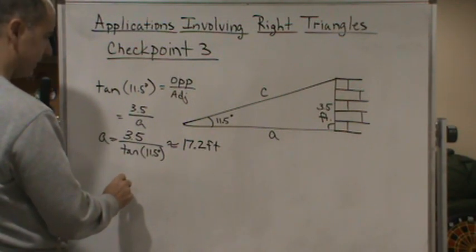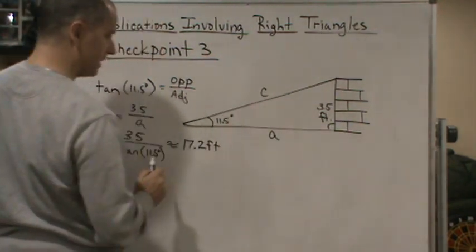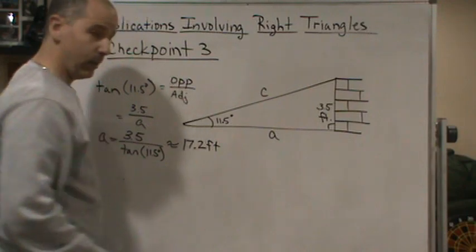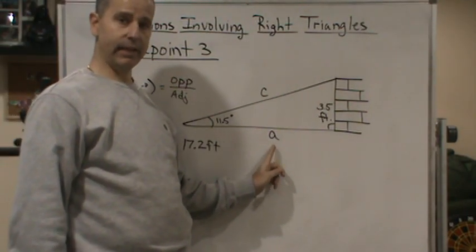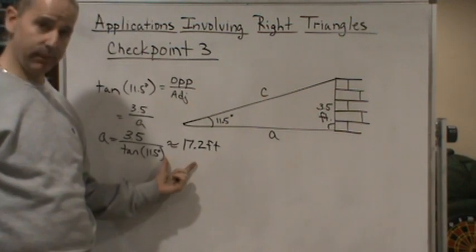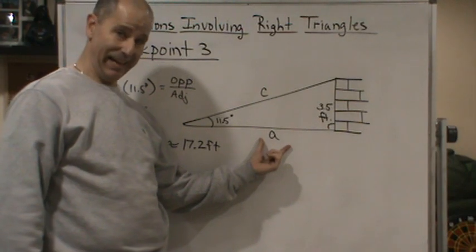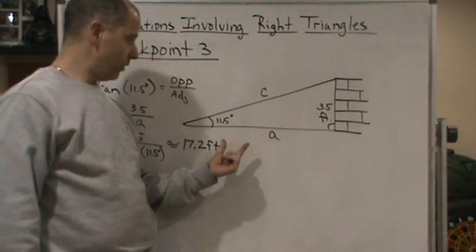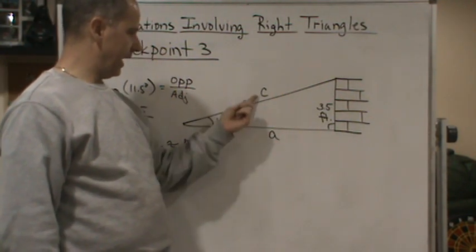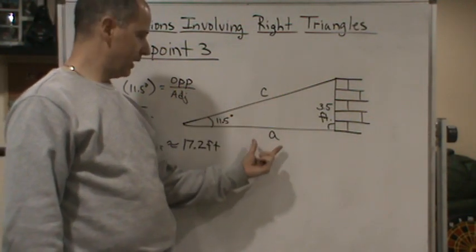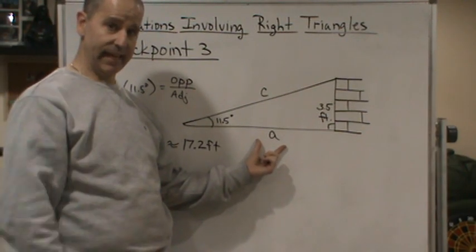So in this case, we have the hypotenuse and the opposite side. Now, one thing I want to say is we would not use A that we calculated, because one, it's an approximation, so there's some round off error. We wouldn't use A to find C, because A is calculated, unless it was an exact answer.